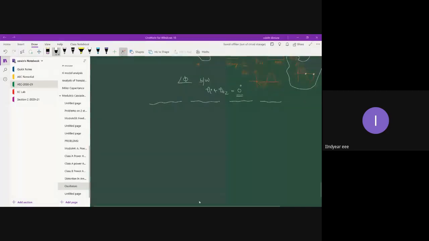So having understood this, probably we can go to the second section. Let me just draw the basic circuit first. The basic circuit for the Wein bridge oscillator.